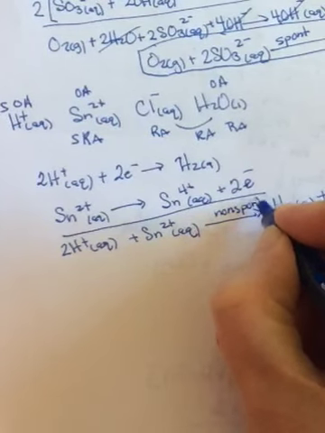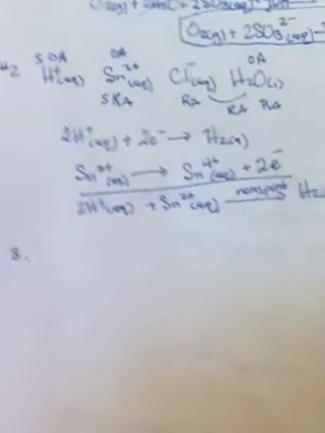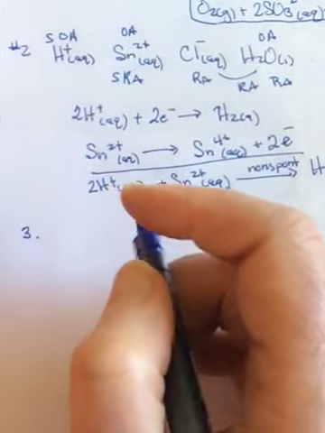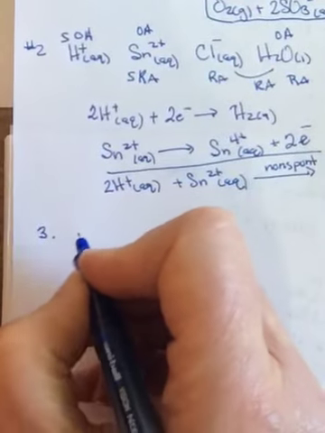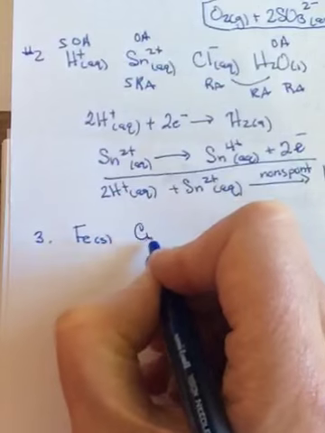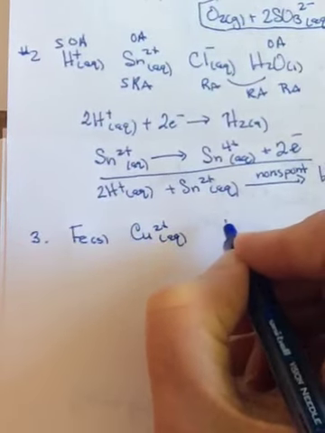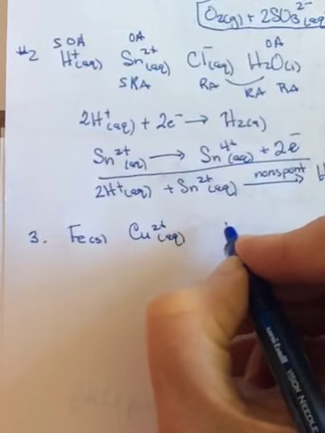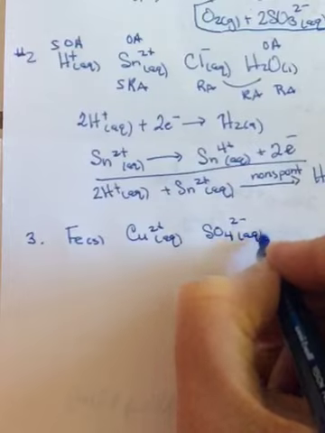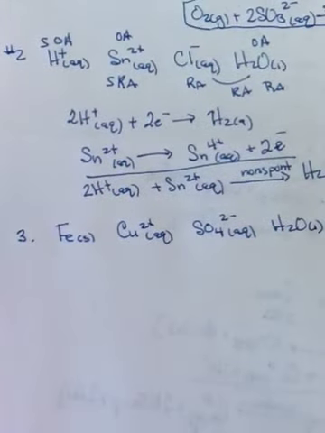All right, number 3 says, what is the most likely redox reaction when iron metal is placed in copper(II) sulfate solution? So Fe solid, Cu2+ aqueous, sulfate, SO42- aqueous solution, H2O liquid.